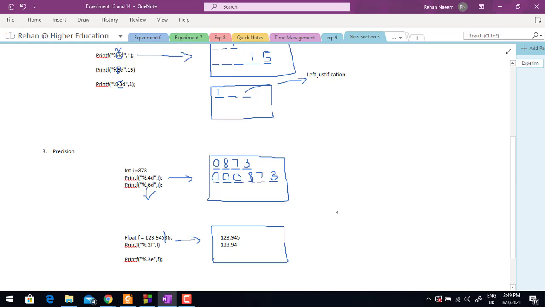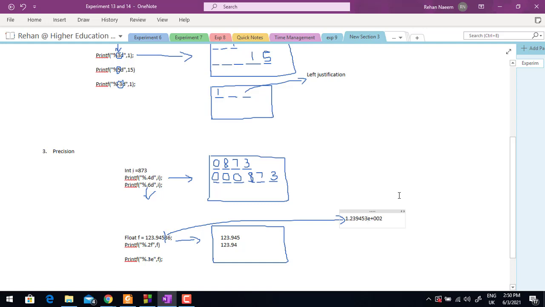So in exponential form, this number will be 1.239453 exponent plus 002. Only 6 digits will be displayed.